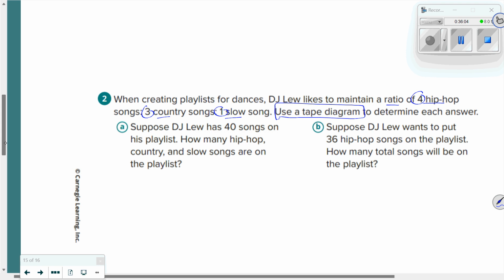So make sure that you understand the tape diagram and what you need for your ratio constant. 40 songs total. So I need to figure out how many total songs there are. Then I can break it down for the hip hop, country, and slow. The next one, they want to put 36 hip hop. So that tells me which line I need to use of my tape diagram to figure out my ratio constant. And then the answer is going to be how many total songs.